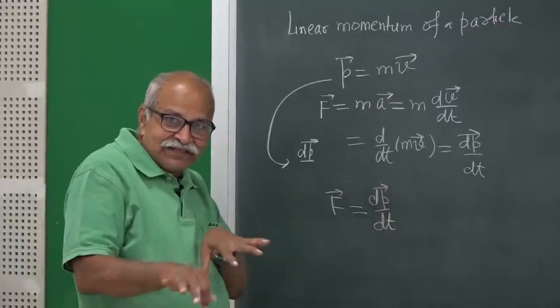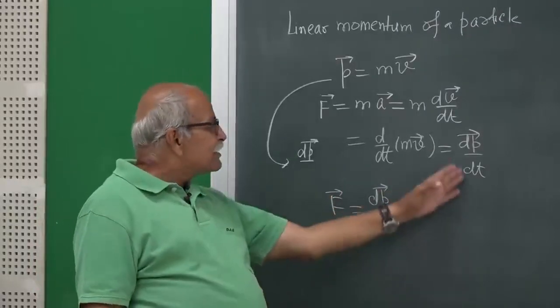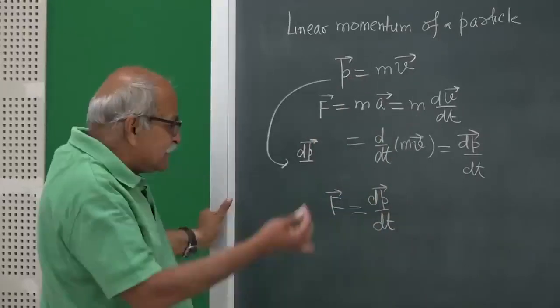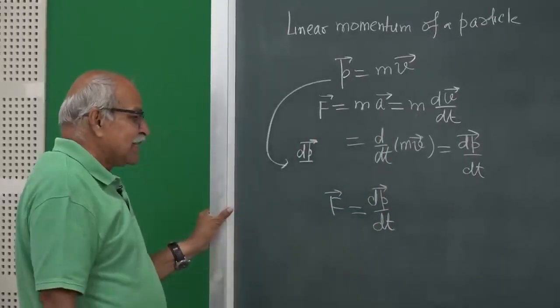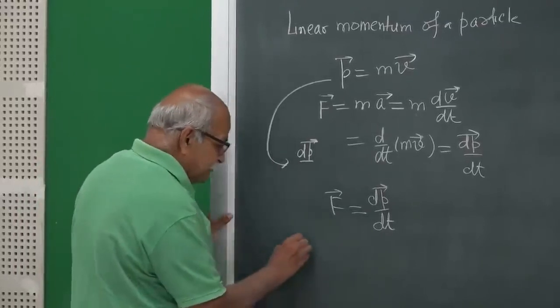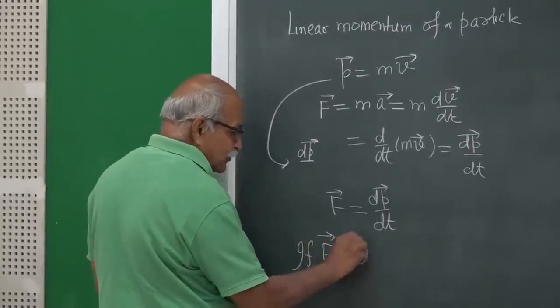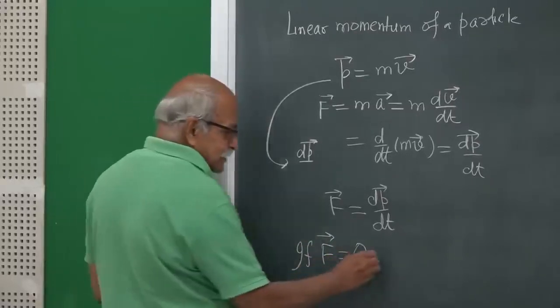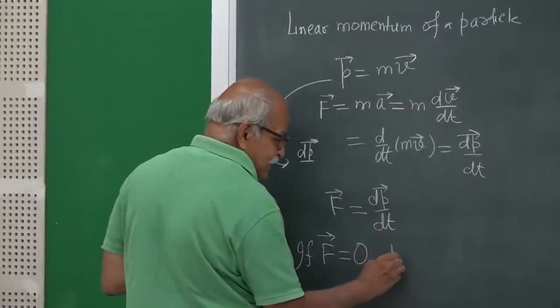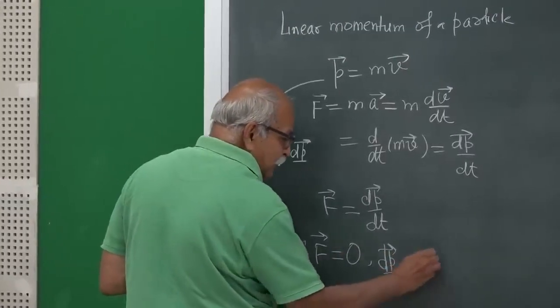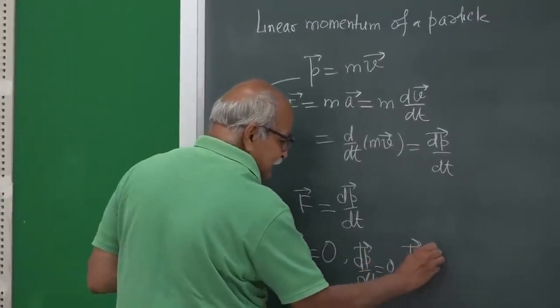That is how Newton started, and then from here we go to F equal to ma. So, this is about force and p, and if this force is 0, force on the particle is 0, dp/dt is 0, right, and that means p is constant, linear momentum is constant.